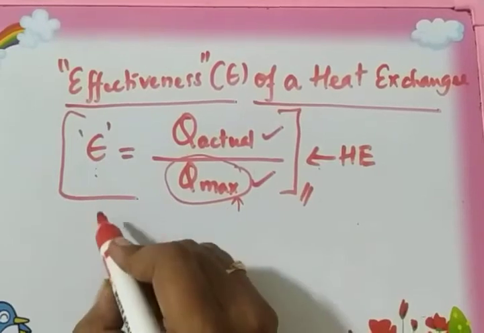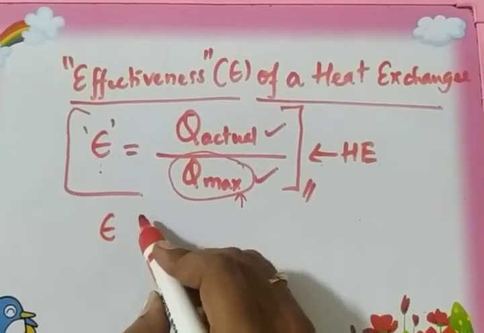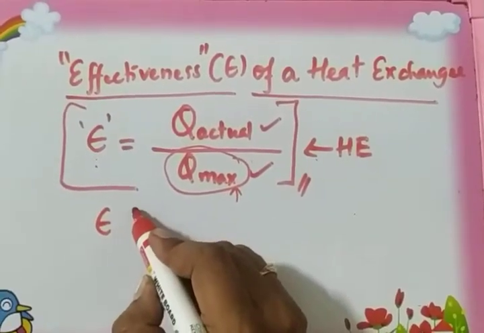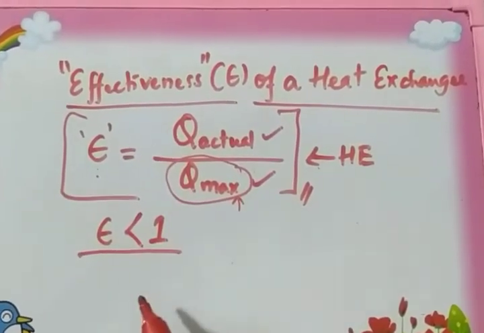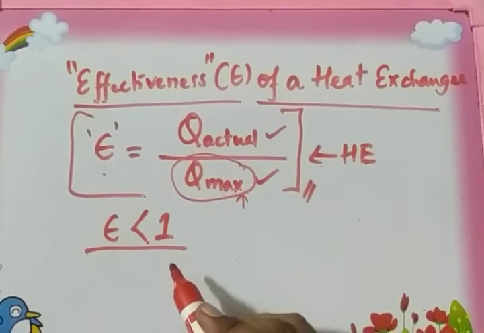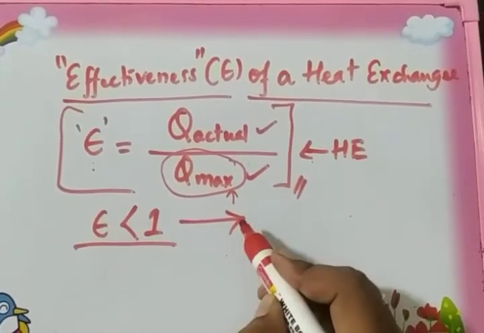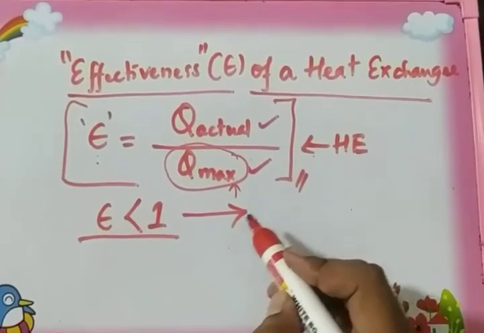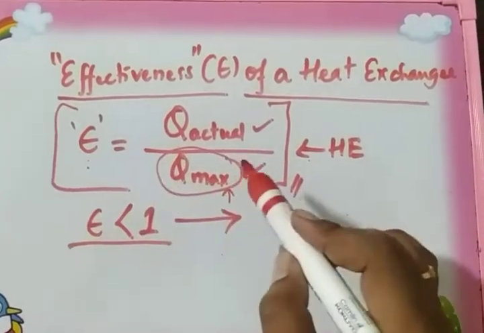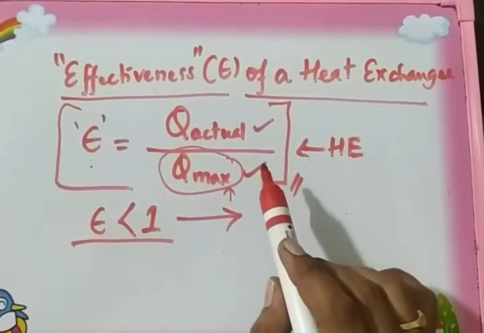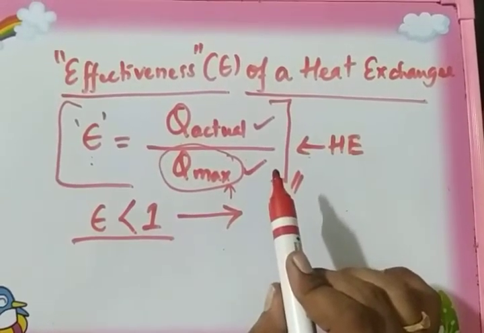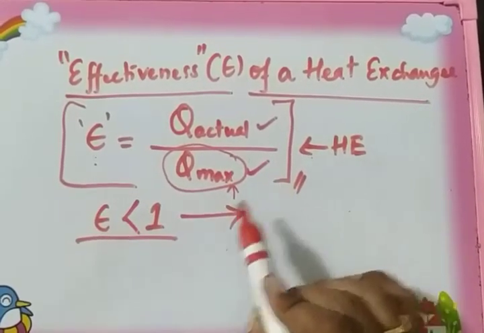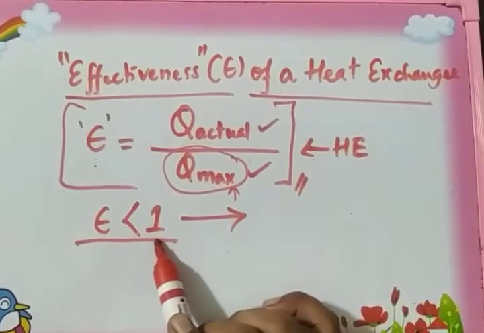I mean to say the effectiveness value for any given heat exchanger is always less than 1. In other words, it means that the effectiveness or the performance of the heat exchanger is not 100% in reality, because effectiveness is less than 1.